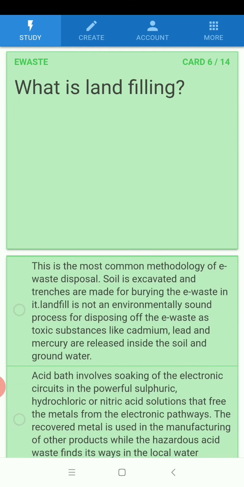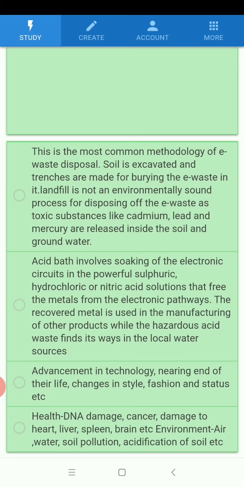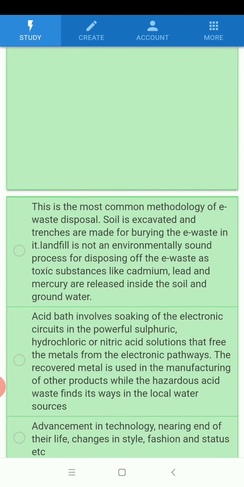Landfilling, I'm repeating again, in landfilling soil is excavated and large pits are made for burying the e-waste. Let's find out which one is the correct answer. Soil is excavated and trenches are made for burying the e-waste in it.